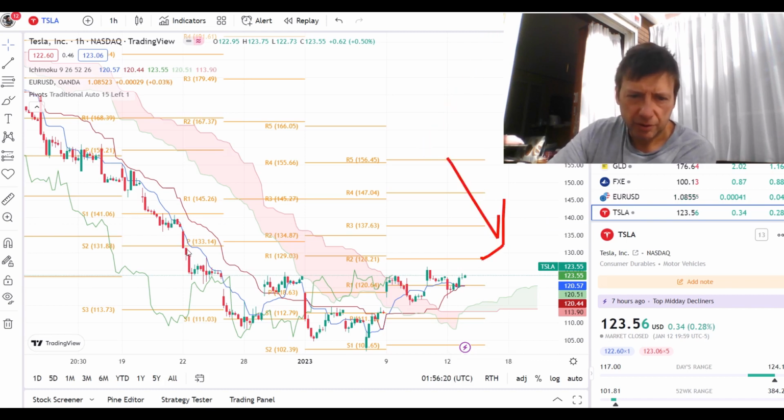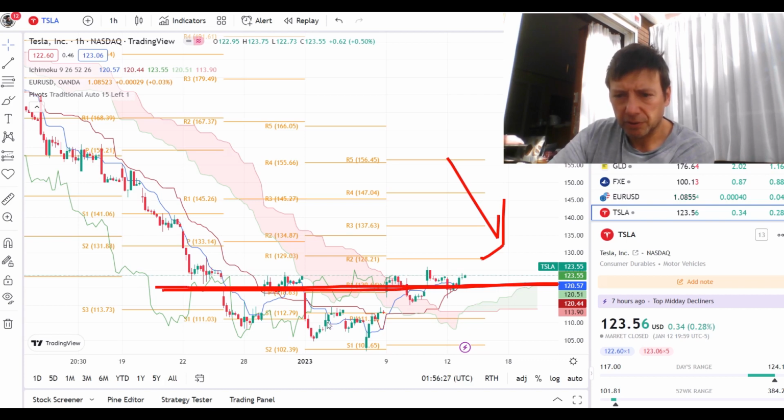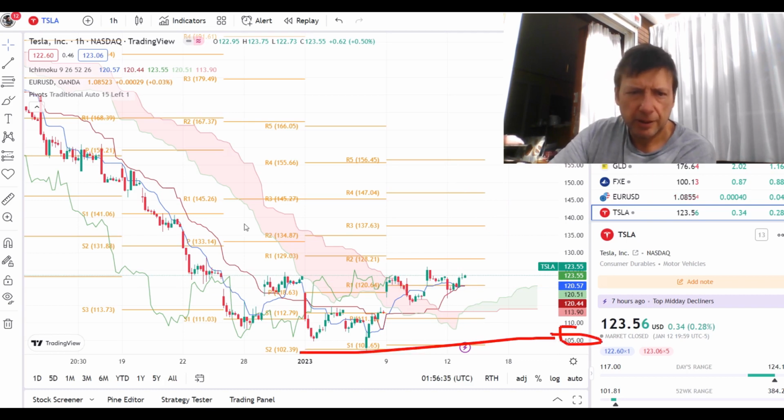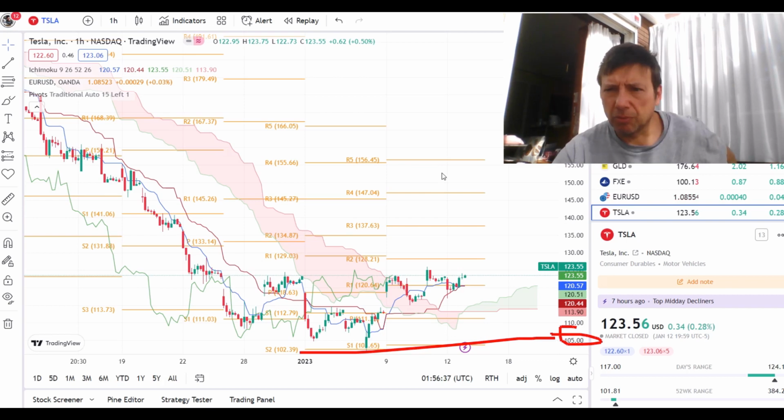But I think this will be a good resistance for all the bad news, and I think that the low for the stock for maybe, I hope this year, will be around $105. So that is for the moment how it looks like.